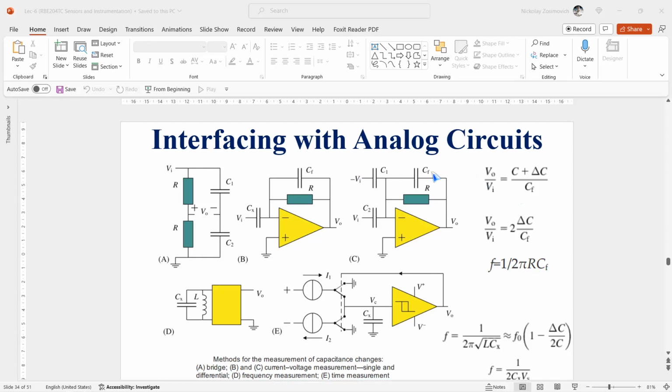The resistance R prevents the circuit from running into overload, but causes the transfer to fall off with decreasing frequency from about f proportional to this expression, 1 over 2 pi R C CF. And this means that the frequency of the interrogating signal Vi should be chosen well above this cutoff frequency.